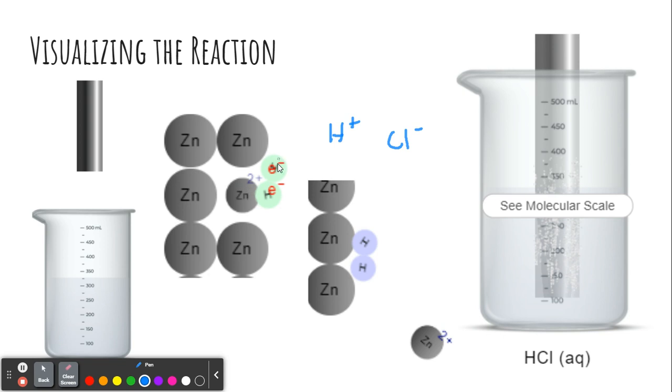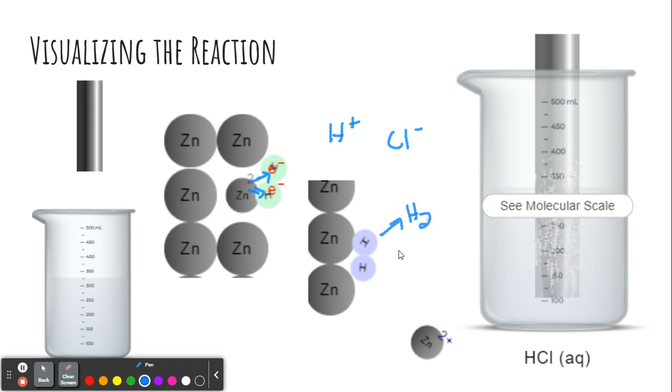So what happens is the H plus is going to pick up some electrons from the zinc. Remember, zinc is a metal and it very readily gives up those electrons. That's a property of metals. So when there are two H plus ions present, they can pick up the two electrons that are given up by the zinc and then they can form an H2 molecule of gas.